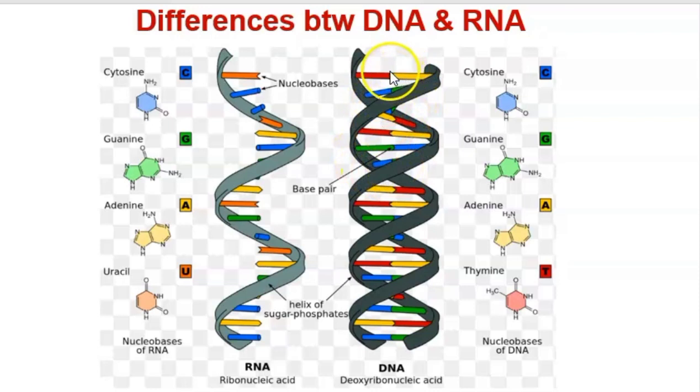Double-stranded. All the labels that we are seeing inside are the nitrogenous bases. And the part that is holding it, wrapping around, is the sugar phosphate group.